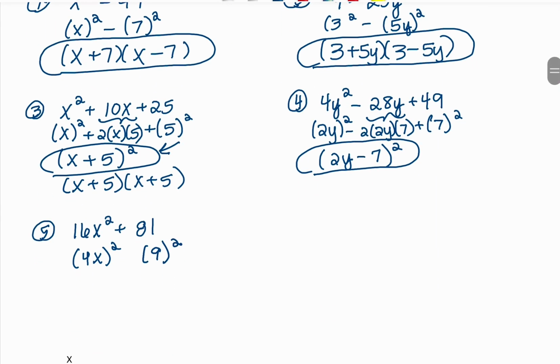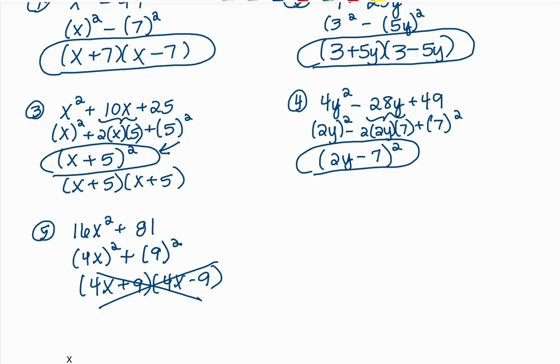So this one has the plus sign right here, and so it's not subtraction, obviously, so we cannot do this. We cannot say 4x plus 9, 4x minus 9, okay. It does not factor to that, okay.